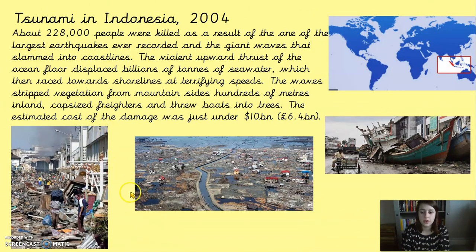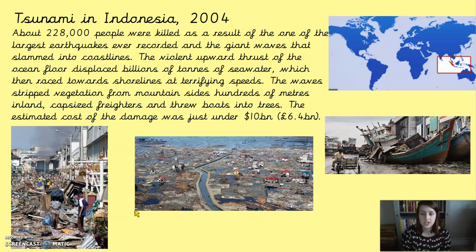Okay, and we've also got, thinking of a range of natural disasters, a tsunami in Indonesia that happened in 2004. About 228,000 people were killed as a result of one of the largest earthquakes ever recorded, and the giant waves that slammed into coastlines. So remember how tsunamis are caused. The violent upward thrust of the ocean floor displaced billions of tons of seawater, which raced towards shorelines at terrifying speeds.